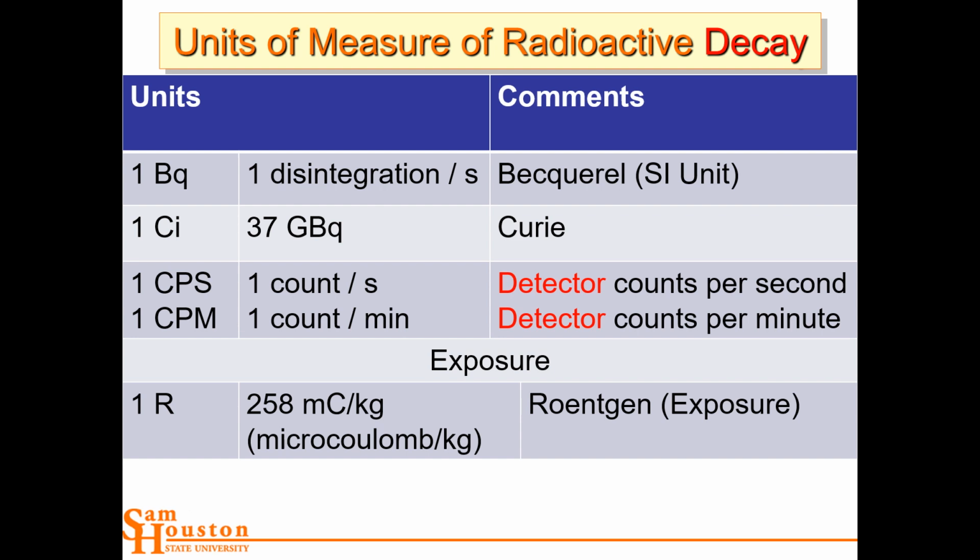Okay, so here are some of the units in terms of radioactive decay. If we want to just talk about the nucleus, how many disintegrations happen per second, that would be the unit of becquerel. And that's almost not detectable, because our background radiation was 13 counts per minute. One disintegration per second, that would be 60 disintegrations per minute.